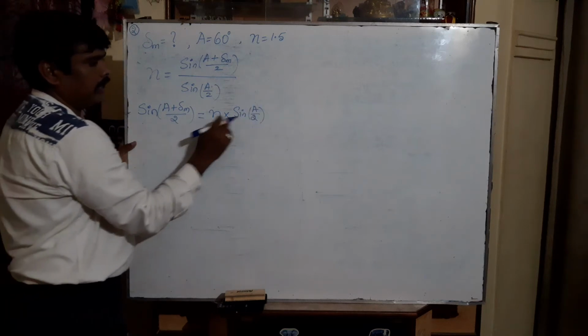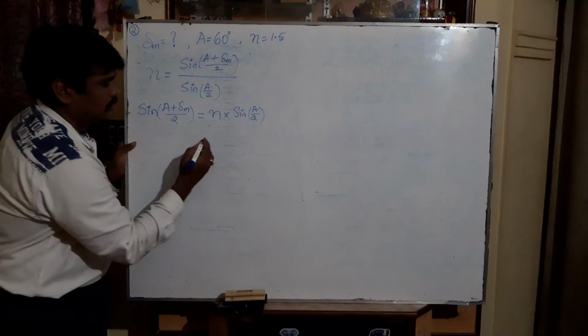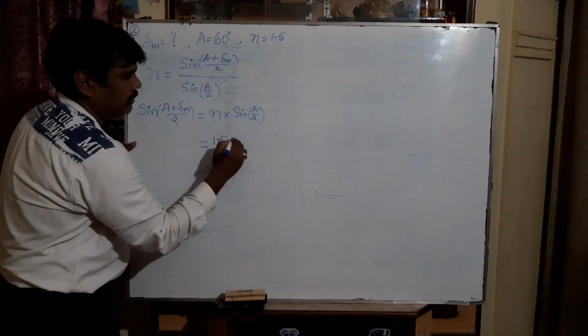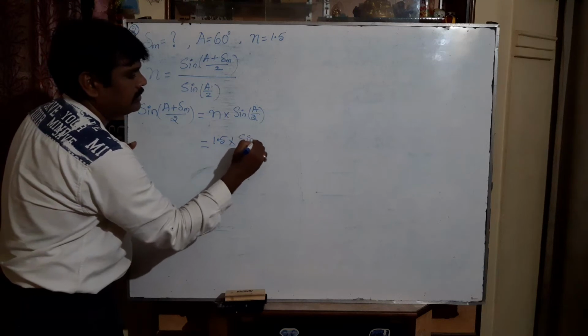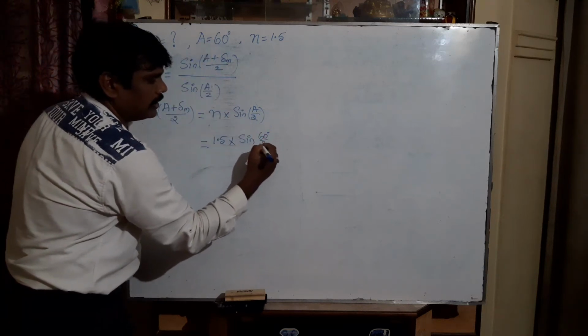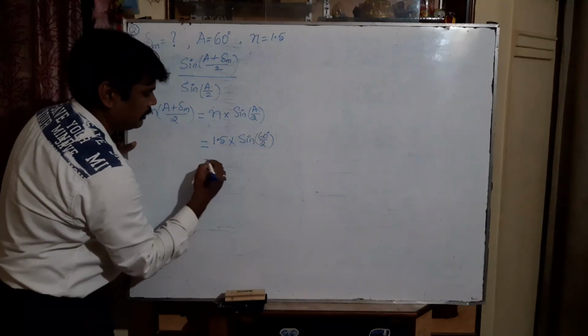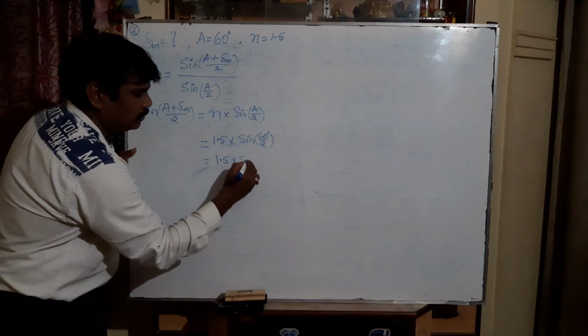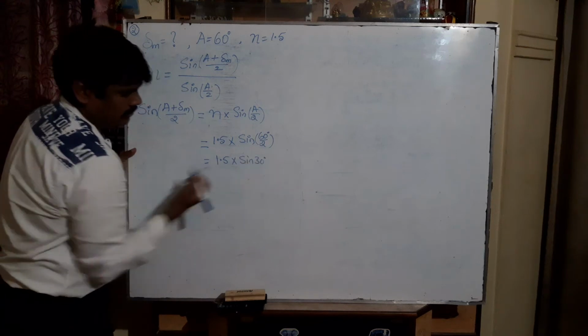Now substitute the n value and A value. In the next step, n value is how much? 1.5, they are given. A value is how much? 60 degree. 60 degree divided by 2, 60 by 2 is 30 degree. 1.5 into sine 30 degree.